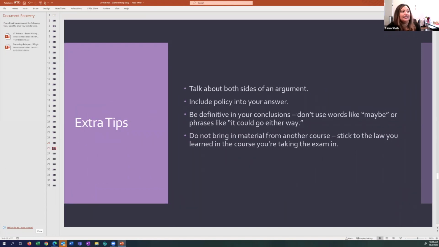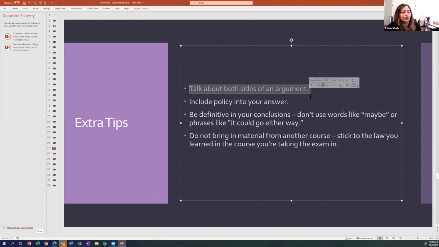Extra tips. Some professors require you to do this, and without doing it, it is not a complete analysis. Okay? It is not a complete analysis. That's very important. So within that A, remember, argument, counter argument, conclusion. You begin with the argument that you're going to ultimately conclude about, right?